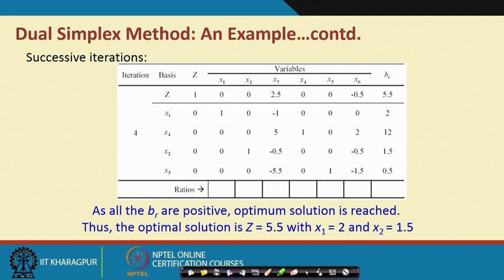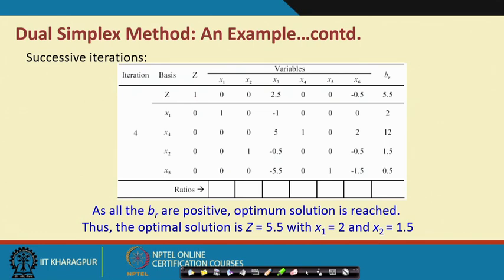b indications. So the x1 value is equal to 2 and the x2 value is equal to 1.5, because x4 and x5 are originally not in the original problem. These are slack or surplus variables through which you can start the process to get the optimality.